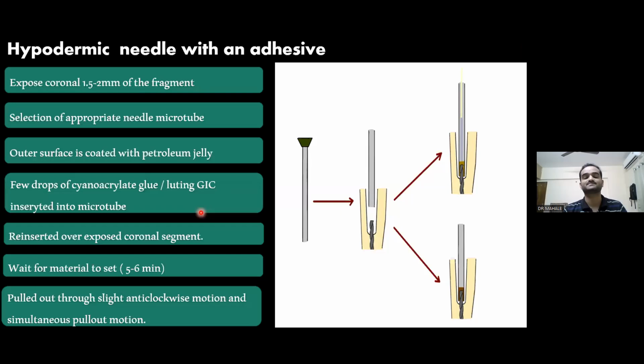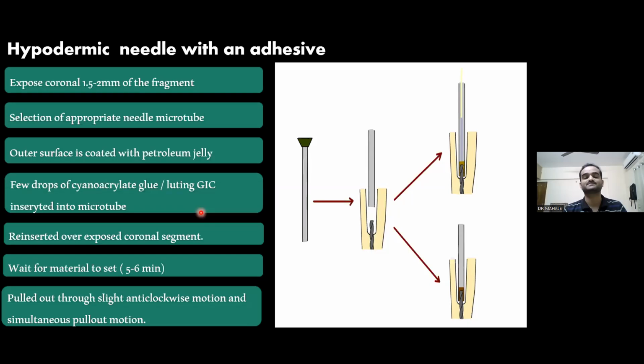Next, one more technique is the hypodermic needle with an adhesive. This also uses the same technique where you have to expose 1.5 to 2 mm of the coronal fragment of the file, and then you should select a microtube which fits this fractured fragment, and then the outer part of the microtube is applied with petroleum jelly, and then you should fill the microtube with cyanoacrylate gel or glue or luting GIC.